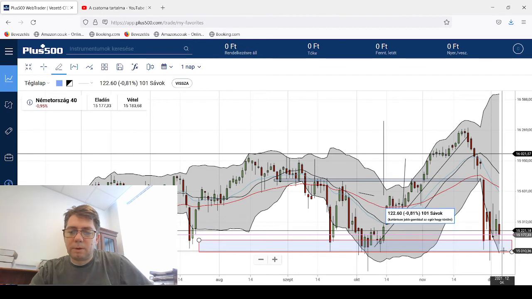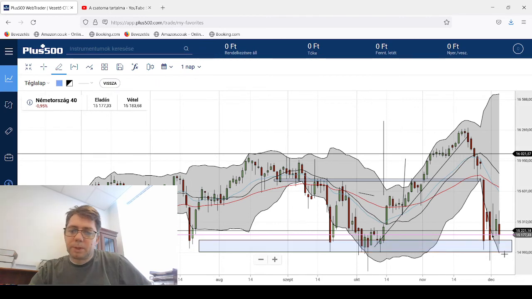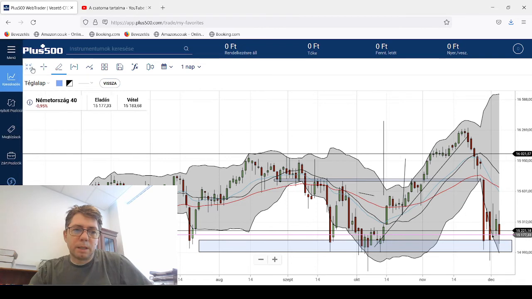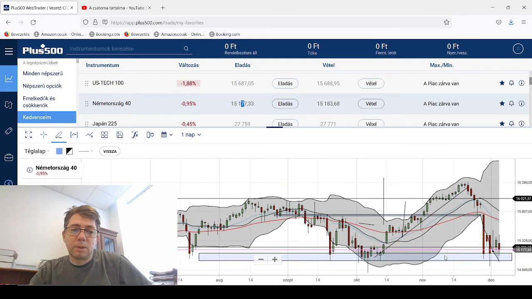Actually, 15,000 seems to be a strong support. So let's hope we don't break below there. We can spend some time here, but turn around to the upside anytime. Once we break down below that and close the daily candle below that, that's a very bearish sign.